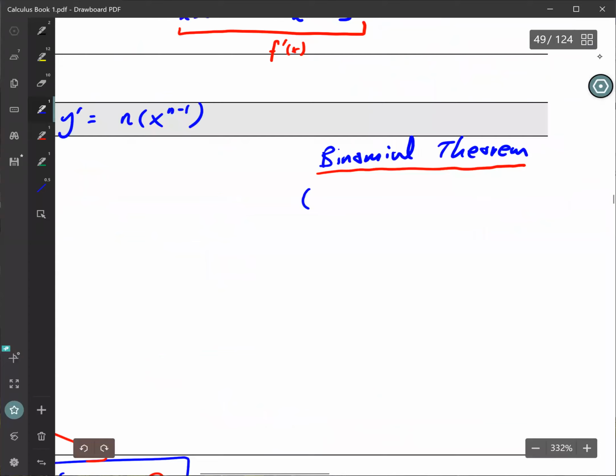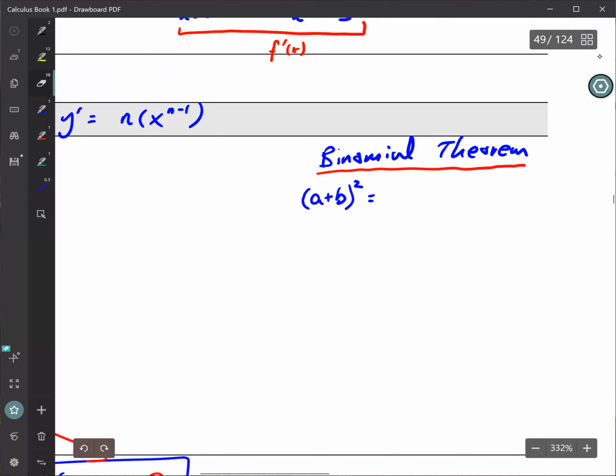So if I have, for example, a plus b squared, of course, we can expand this very quickly using FOIL, right? Or the formula. But there's another formula that you can use for anything that's much bigger on the exponent. Suppose I want to expand to the 20, there's no quick formula for that. So you have to use the binomial theorem.